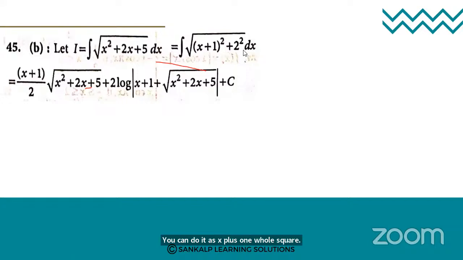Using this, we can make use of the property: the integral of root of x square plus a square dx is x by 2 root of x square plus a square plus a square by 2 log of x plus root of x square plus a square plus c. By making use of the property and substituting, we will get option B as the right answer.